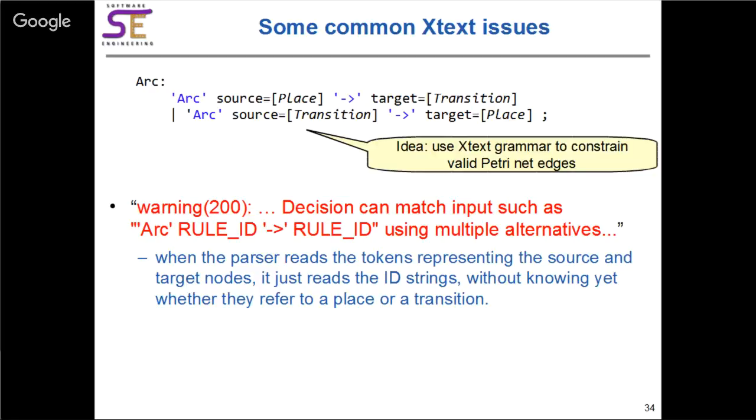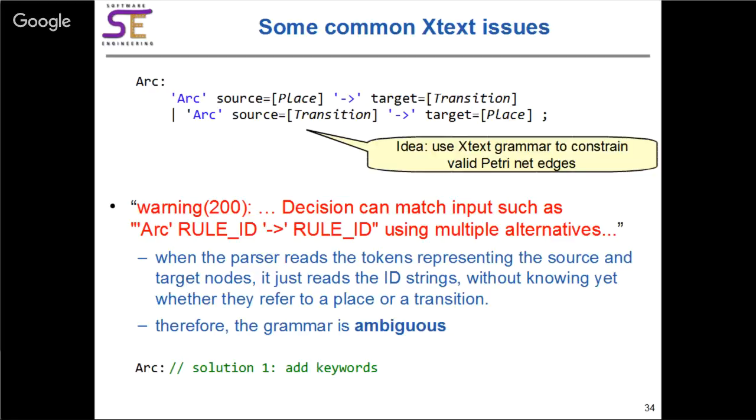So at the point of parsing, it doesn't yet know which of these alternatives to apply. So the grammar is ambiguous at that point, because when the type information is not known, it doesn't know which alternative to apply. And there are again different ways to resolve this ambiguity.